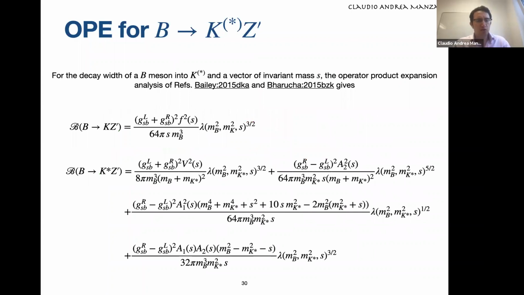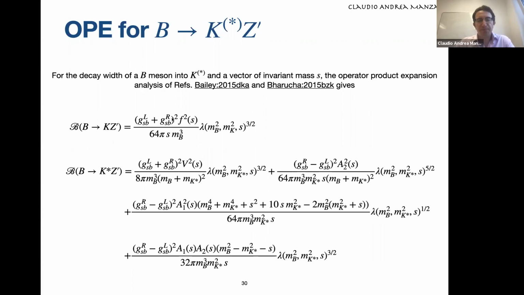Then here, also just for your curiosity, I'm showing you the operator product expansion that we used to parameterize the decay of a B meson into K or K star and the Z prime. And you can note that these two branching ratios depend on different combinations of the left-handed and right-handed couplings to quarks.